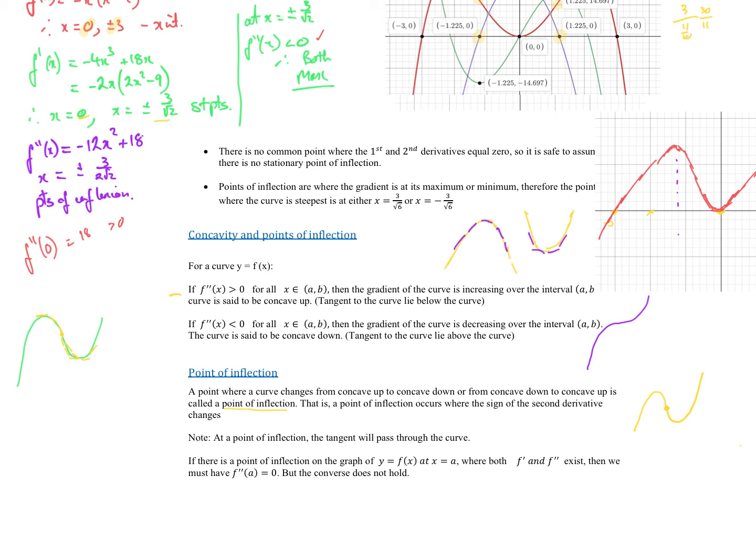I think a nice thing to really pay attention to when talking about all these points of inflection is that a point of inflection occurs where the sign of the second derivative changes.